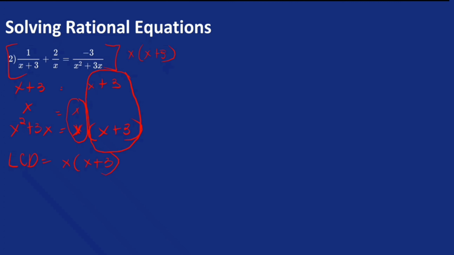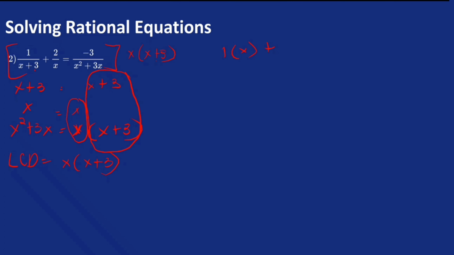Multiplying 1 over x plus 3 to the LCD, cancel the common denominator, x plus 3. So we'll just have 1 times the factor that was not cancelled, x, plus 2 over x times the LCD.